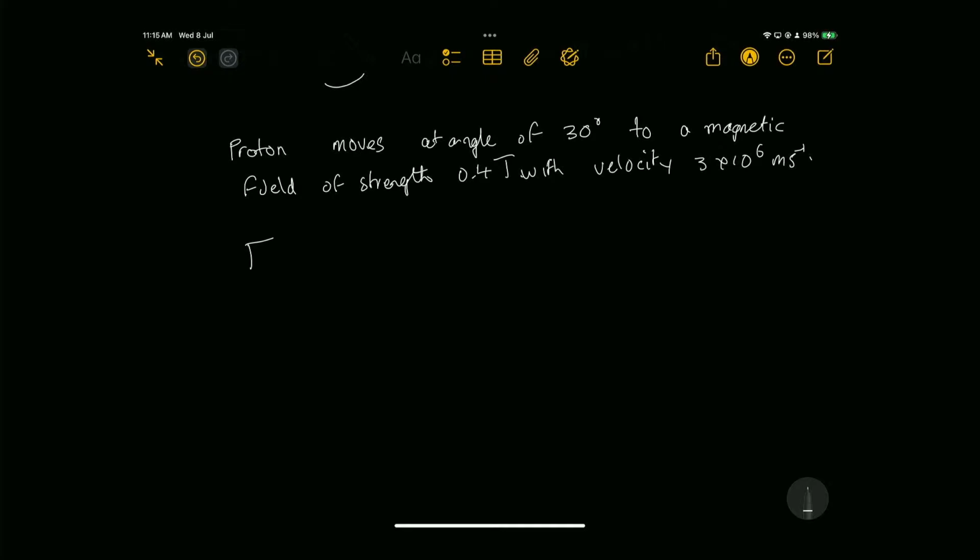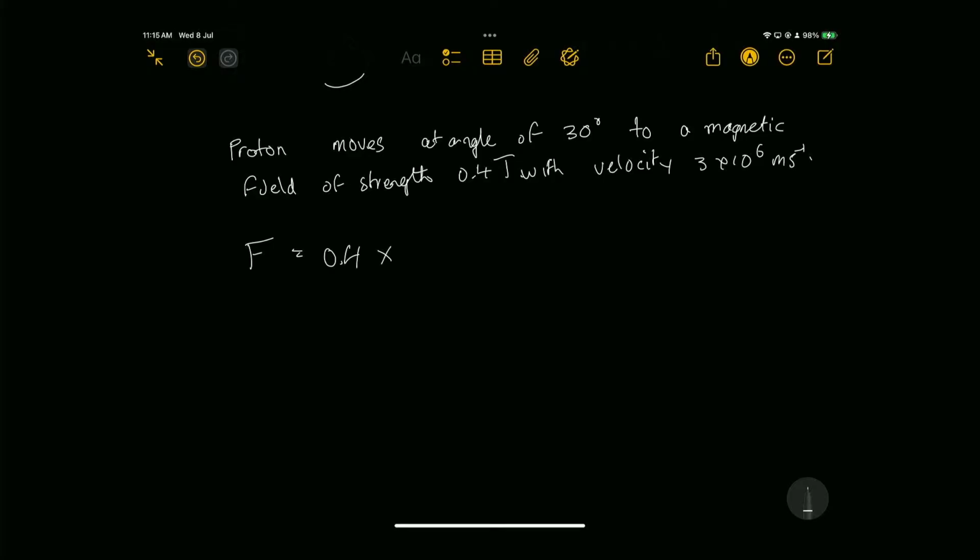What would I write for the magnetic force here? Not the formula, we know the formula. What do I substitute into this formula? 0.4, you said?